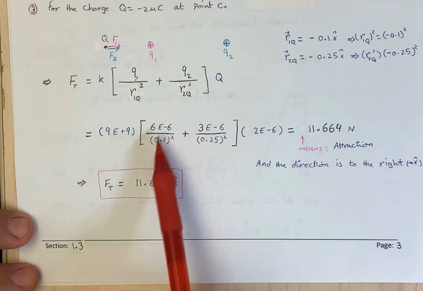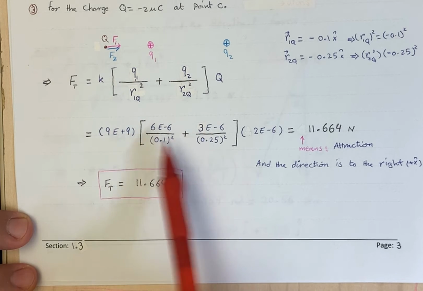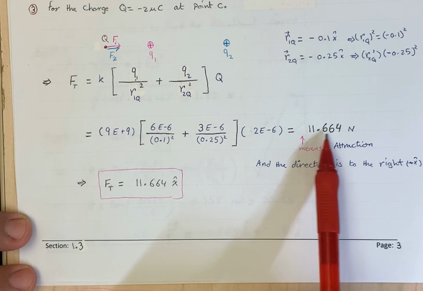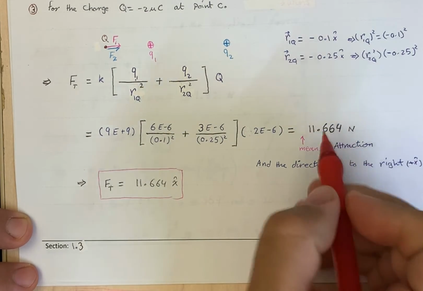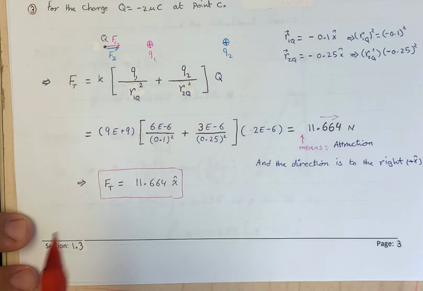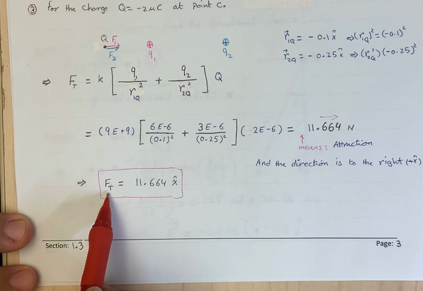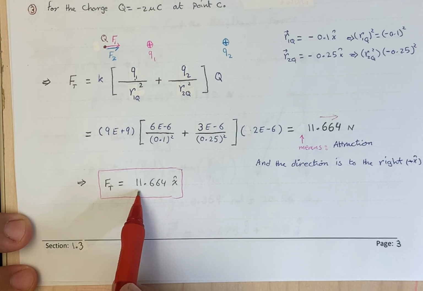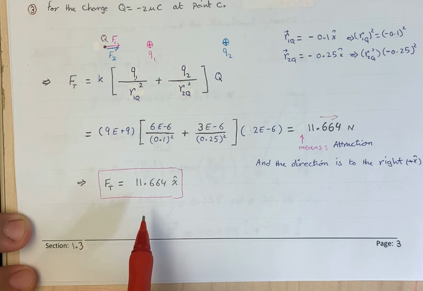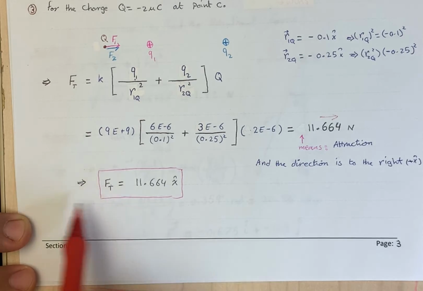And I use the magnitude of Q1, Q2 and the distances, and the resultant force is 11.664 newtons to the right, to the positive x direction, so I can write the force as a vector equal to 11.664 in the positive x direction. Now this is in one dimension.